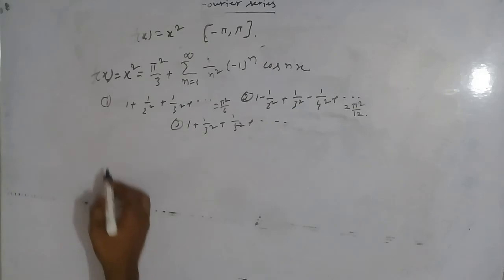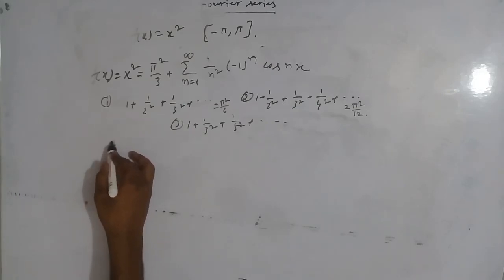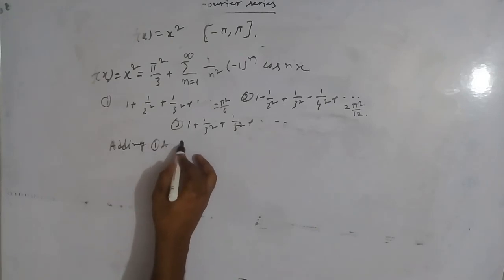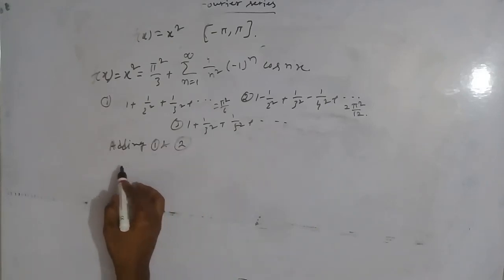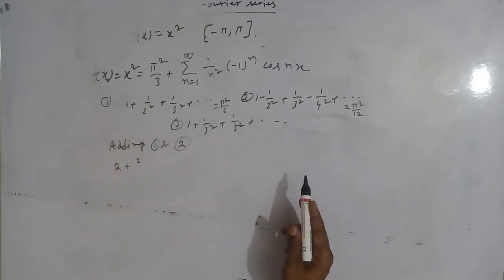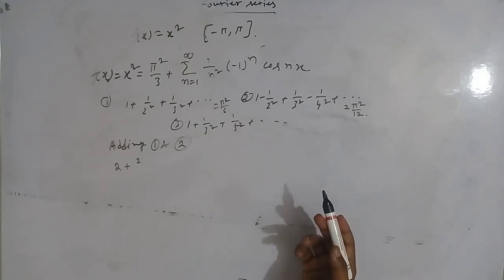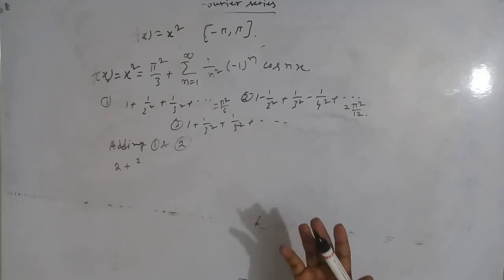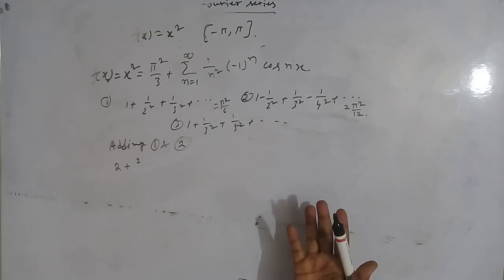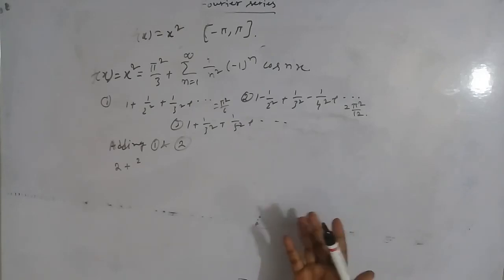So if we add series number 1 and series number 2, 1 by 2 square will be cancelled out, 1 by 4 square will be cancelled out, so the squares of even integers will be cancelled out.